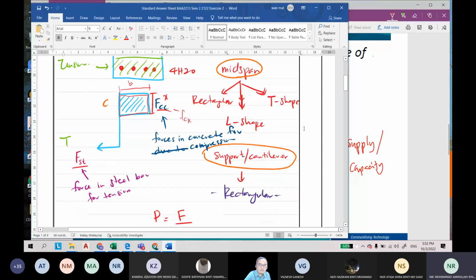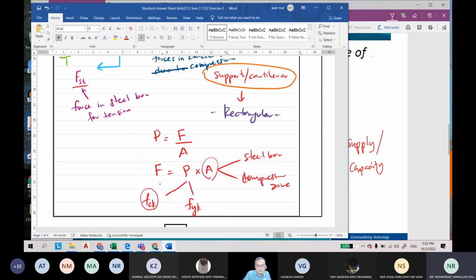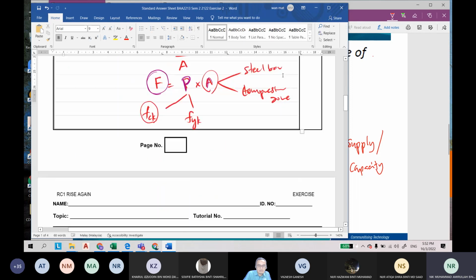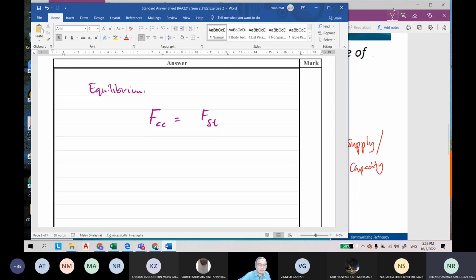The basic is here: we must find the forces in concrete first. This is the P, pressure, and A is the area. Let's say I redraw again.